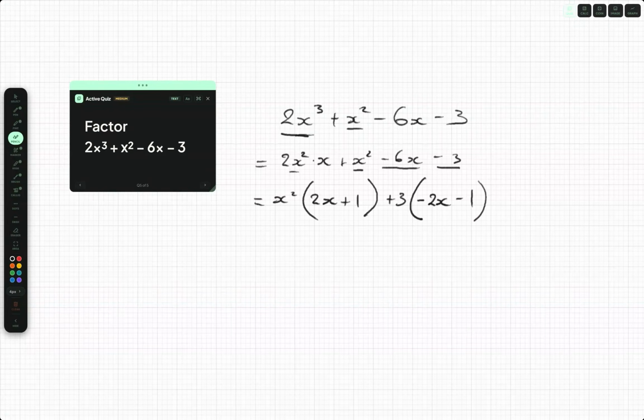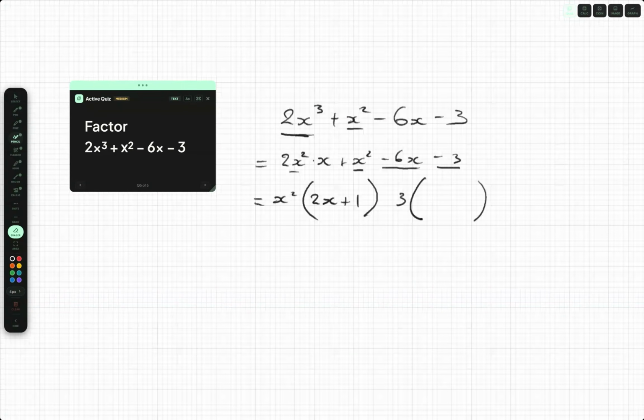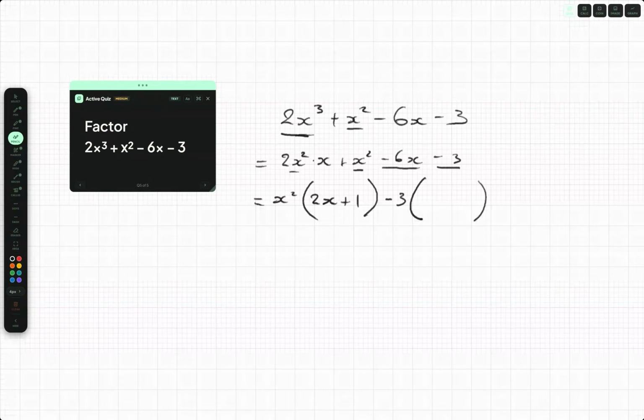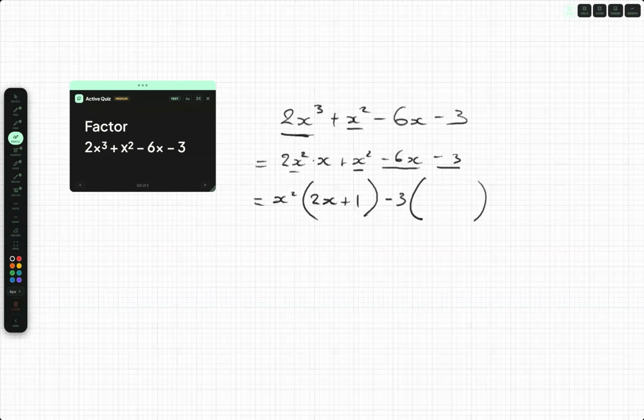So what we need to do is change this to a negative 3. A minus 3. And the reason is we need both of our binomials to be the same. So we pull out a minus 3 from this. We get minus 6x divided by minus 3 is going to be 2x, and minus 3 divided by minus 3 is positive 1.